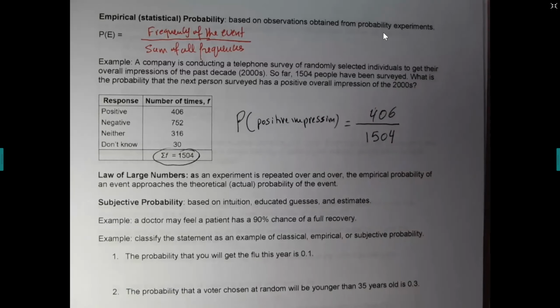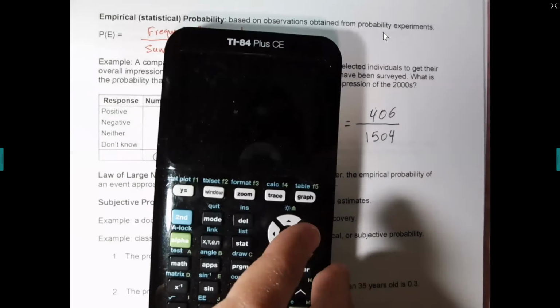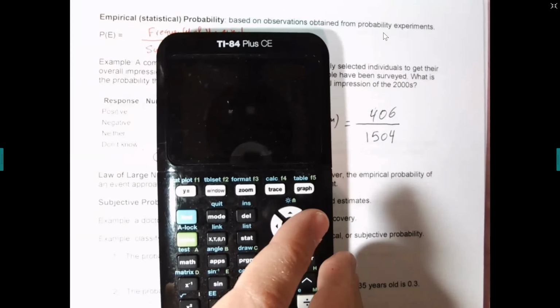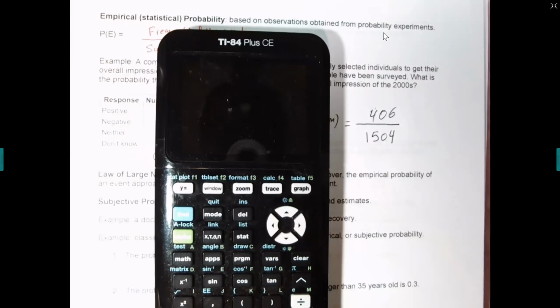But look, guys, eventually when you do an experiment a large number of times, it's going to balance out. So if I toss a coin 500 times, I can tell you guys, it's very likely you're going to see about 250 heads and 250 tails. And just to verify this, guys, I'm going to show it to you on the calculator.